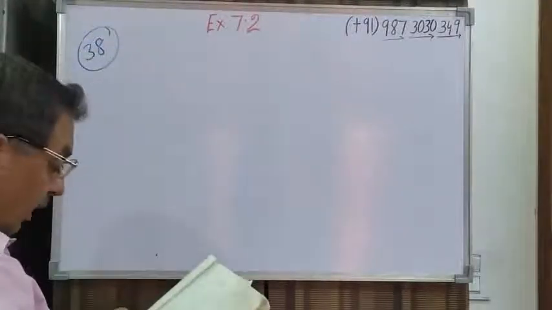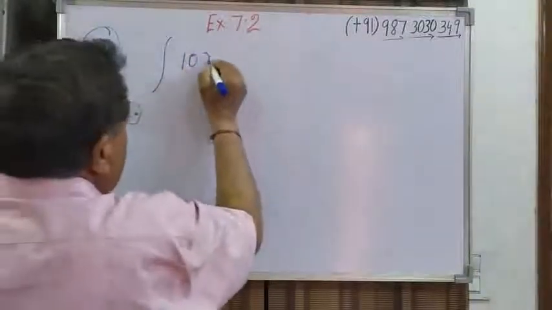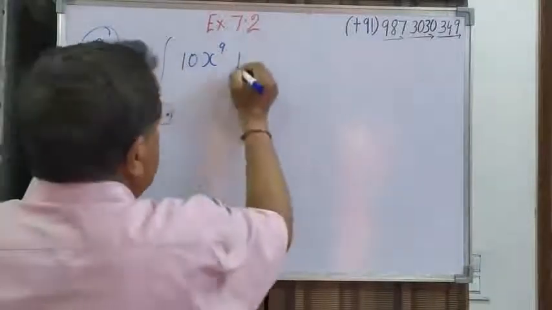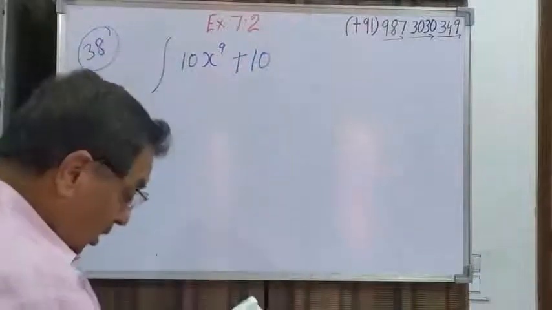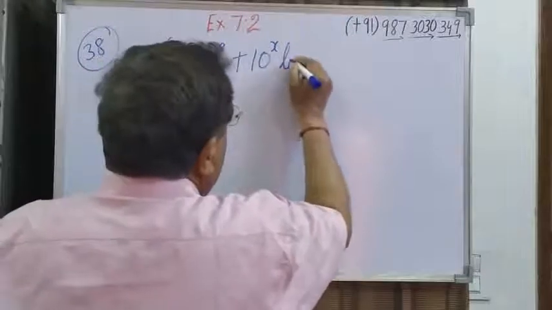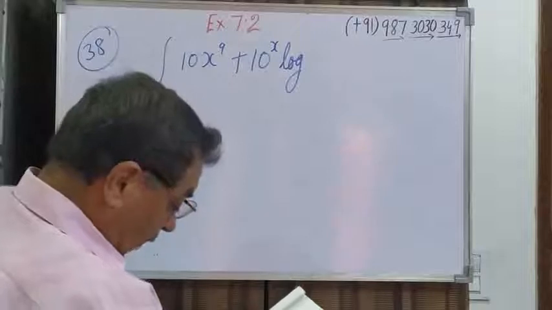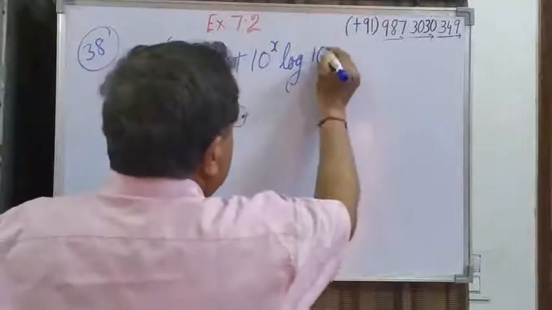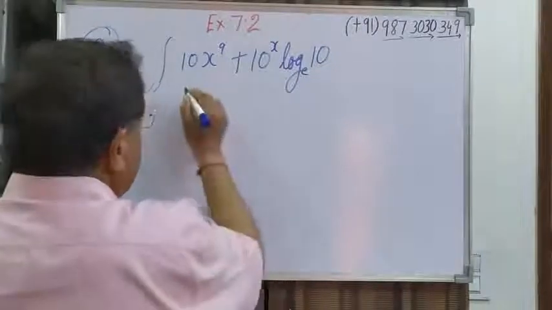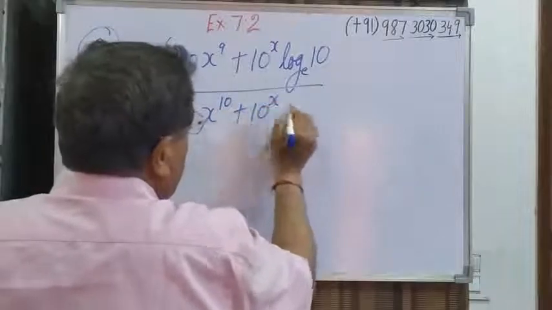So what does it contain? In question 38, we have 10x⁹ plus 10 to the power x into log of 10 to the base e, upon x¹⁰ plus 10 to the power x.